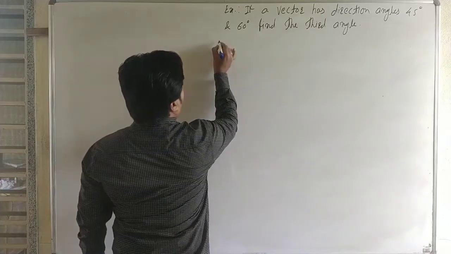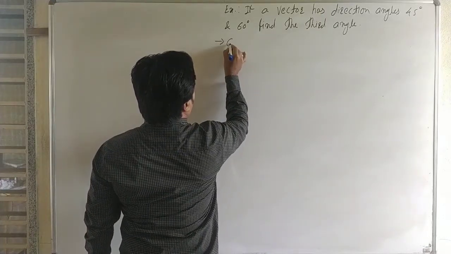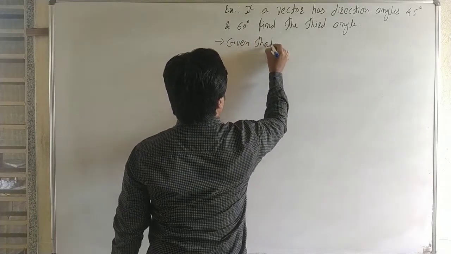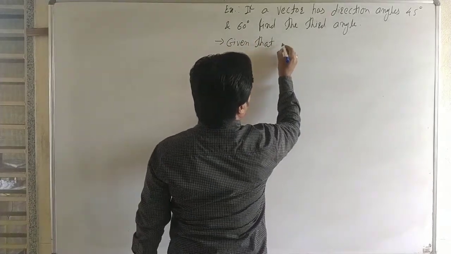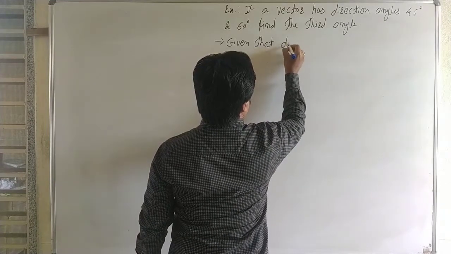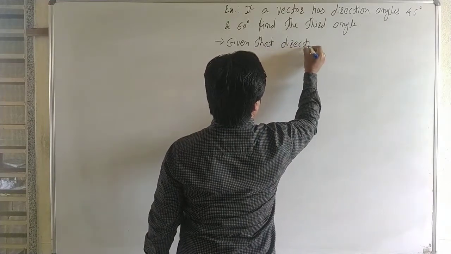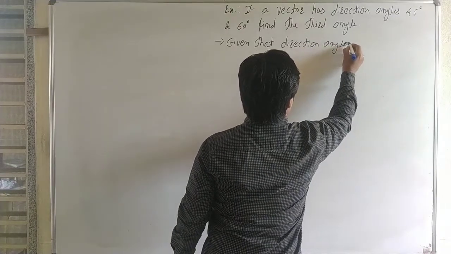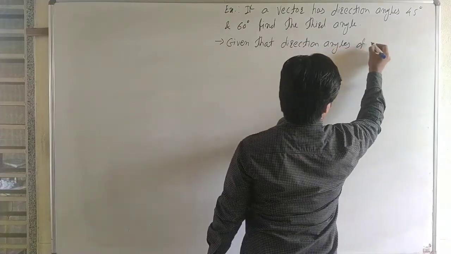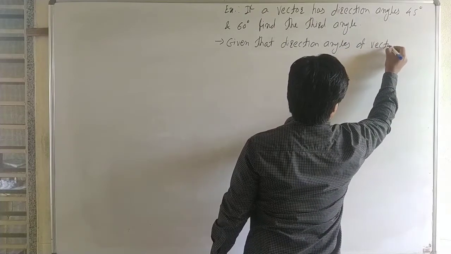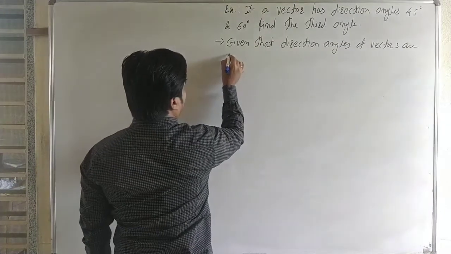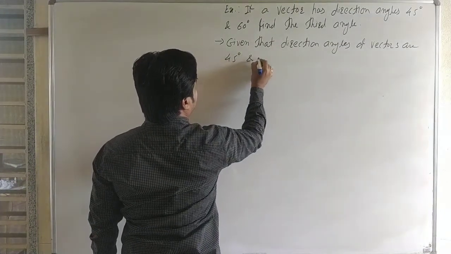Now here it is given that the direction angles of the vector are 45° and 60°.